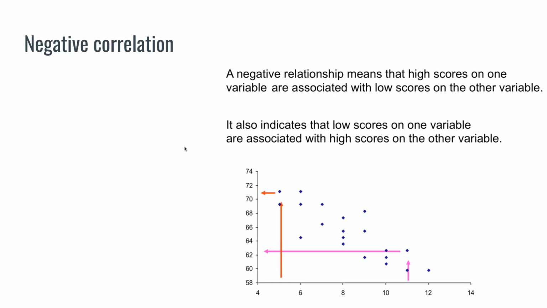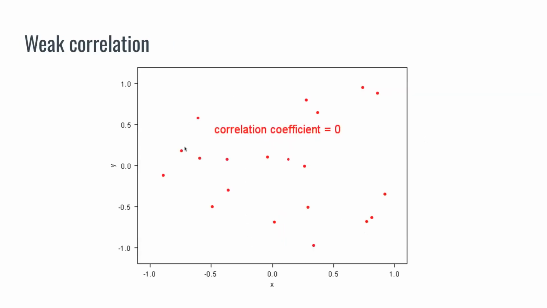You might also run into weak correlation. We say it's weak correlation when these dots are too spread out so that low scores on one variable are related to both low and high scores on the other variable.